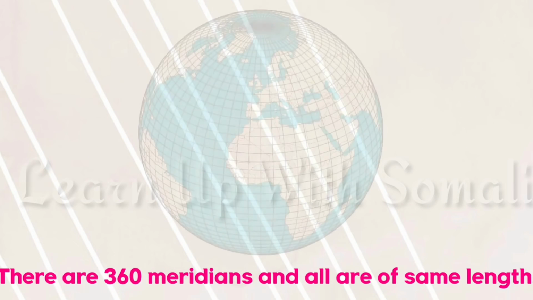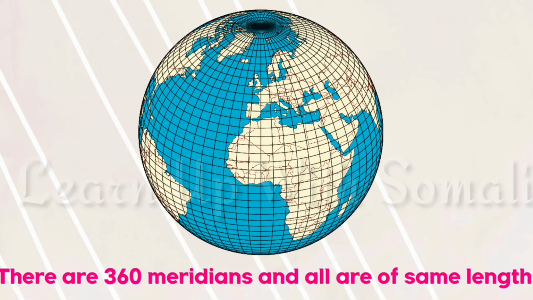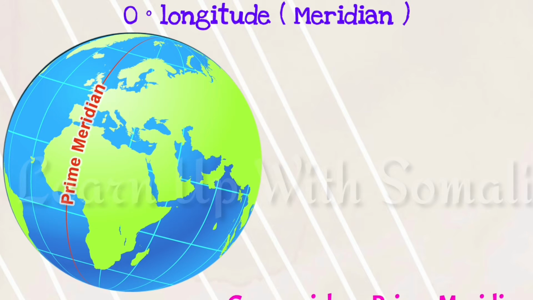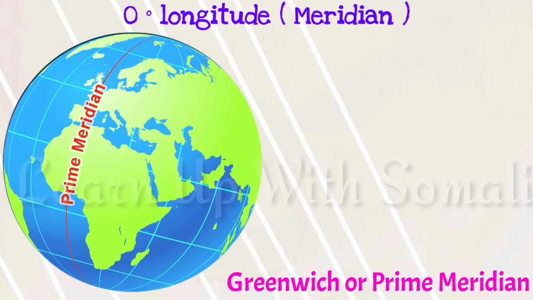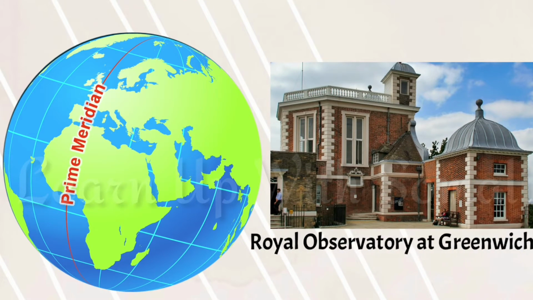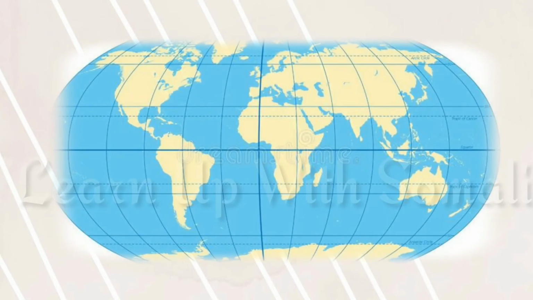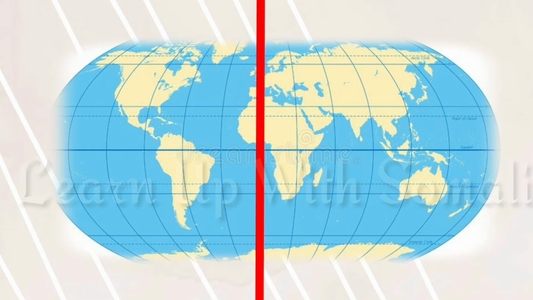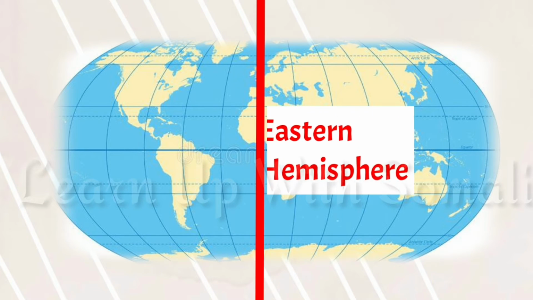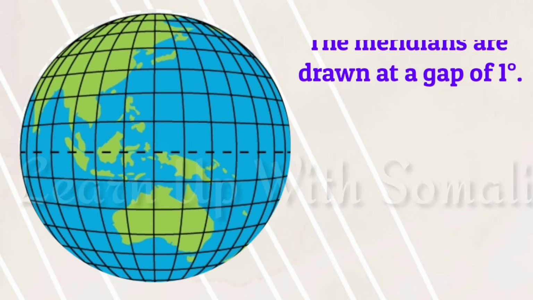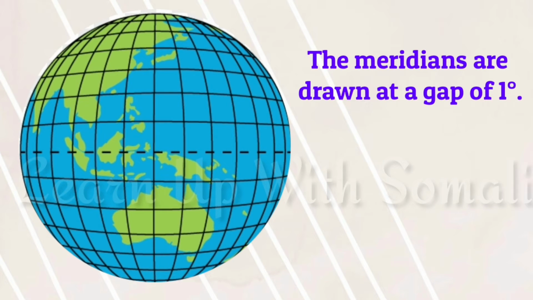There are 360 meridians and all are of the same length. 0 degree longitude is called the Greenwich or prime meridian, as it passes through the Royal Observatory at Greenwich near London in the UK. The prime meridian divides the earth into two halves, the eastern hemisphere and the western hemisphere. The meridians are drawn at a gap of 1 degree.